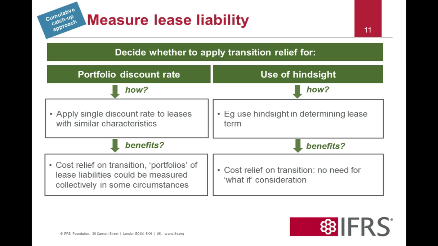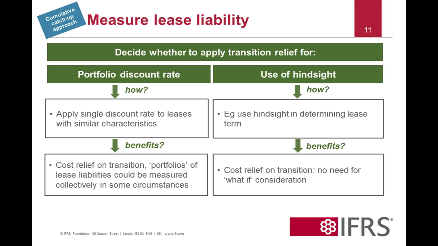Second, IFRS 16 permits the use of hindsight on transition when looking at things like extension options. I mentioned that we'll go into detail on measurement in a later webcast. However, just to give a simple example, say a lessee entered into a 10-year lease in 2014 with a termination option during 2019.